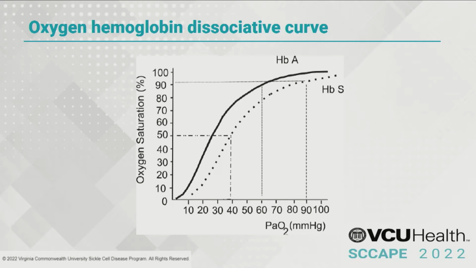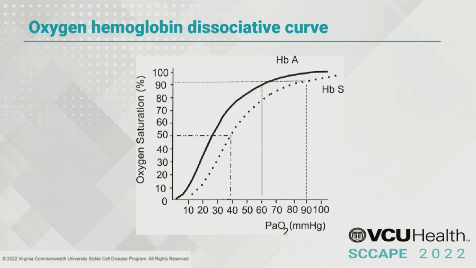So here I am breathing in oxygen, and then my red cells, my hemoglobin in my body, gets filled up with the oxygen molecule. The more oxygen I get, the more saturation, the more filled up my red cells are going to get. And there is a very nice curve that you can illustrate. So the solid curve is hemoglobin A, somebody who does not have sickle cell disease.